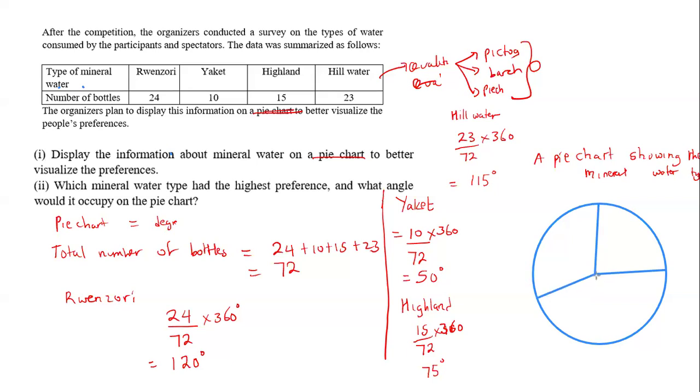This is maybe my 75. So for you, measure off your different angles, and after that indicate clearly the different angles. For me, I'm just assuming, but let me hope we know how to place the protractor to measure off.